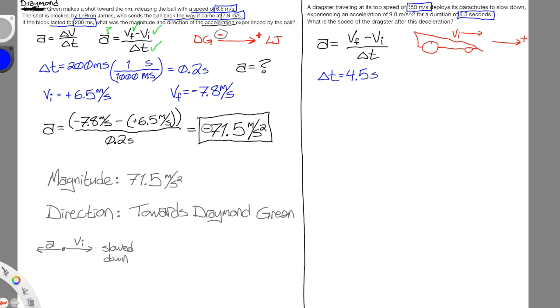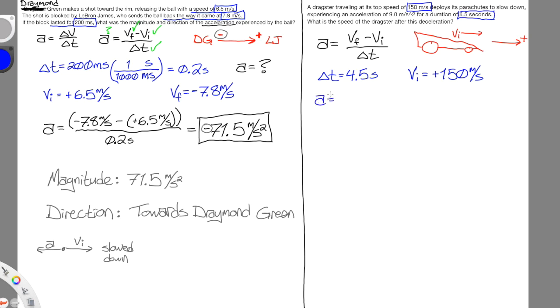The question is which one? That 150 meters per second happens before the acceleration, so this must be our initial velocity of 150 meters per second. And we already decided that whatever way this dragster is traveling, we're going to call that positive, so it is positive 150 meters per second.